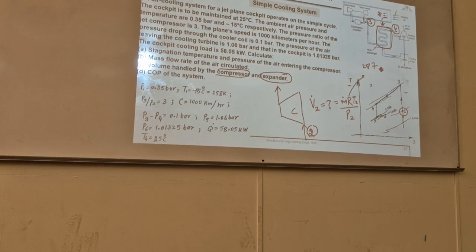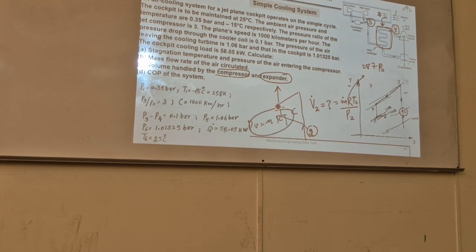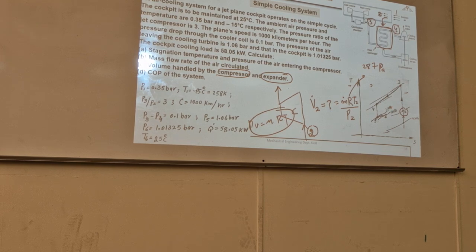Yes, if you say pressure is in kilopascal, but I am saying pressure is in pascal. The units of R, PV equals mRT: when to use 287 and when to use 0.287. If you are taking pressure in kilopascal, then it is 0.287. If pressure is in pascal, then 287.